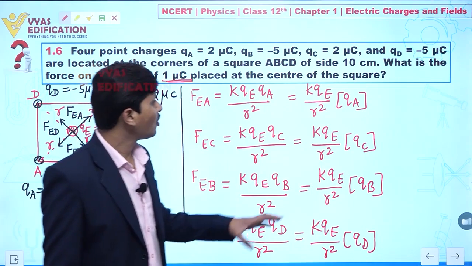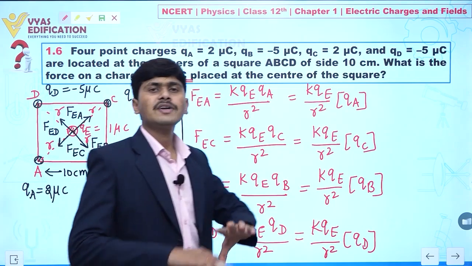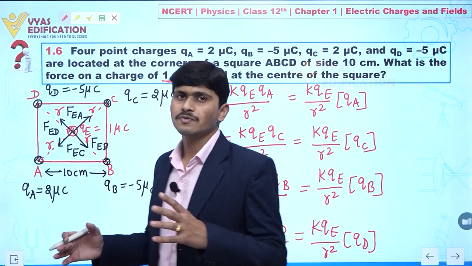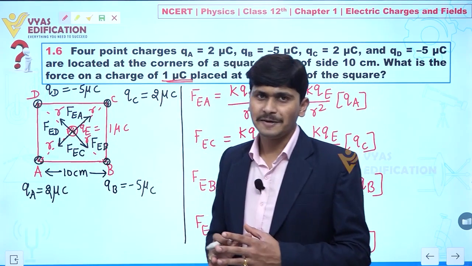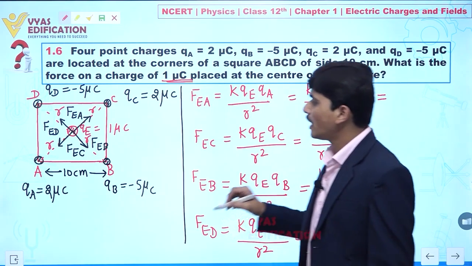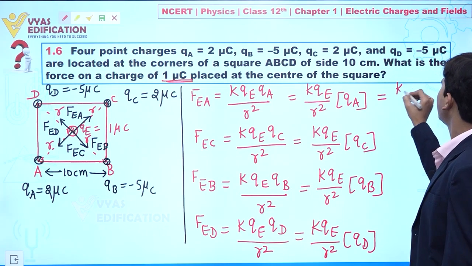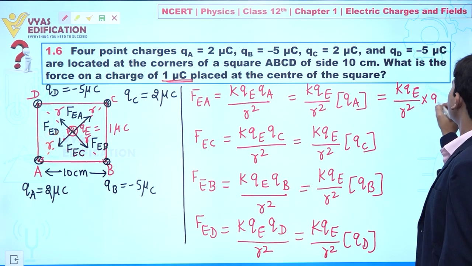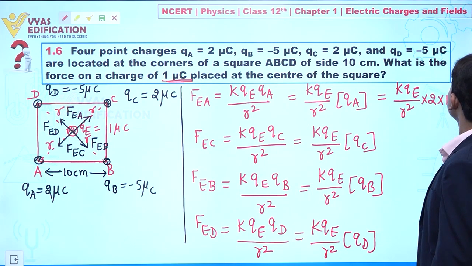We can put in all the values of KQE upon R square, but first we will analyze the magnitude of the different forces acting on the charge E. If we talk about A, we have charge 2 microcoulomb, so KQE upon R square multiplied by 2 into 10 to the power minus 6.